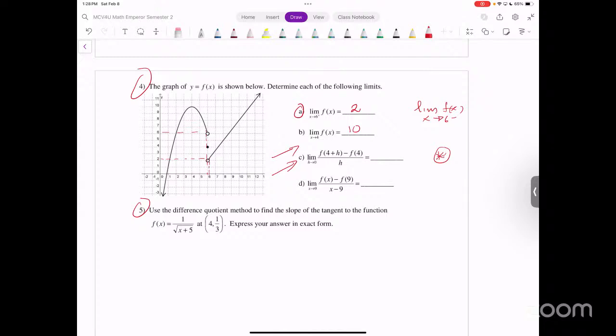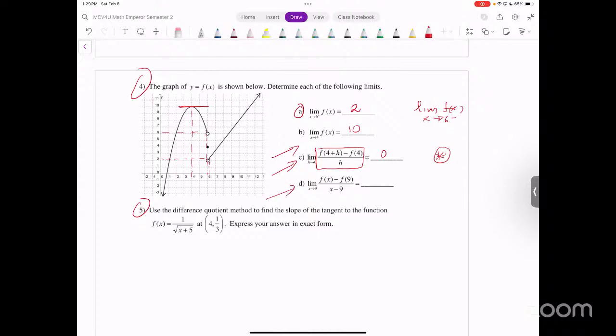It is going to be 0. This is by definition finding the slope of the tangent at x equal to 4. What is the slope of the tangent at x equal to 4? It's a horizontal line. So what's the slope of the horizontal line? 0.